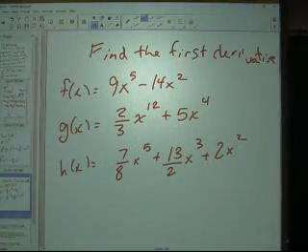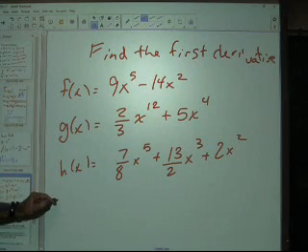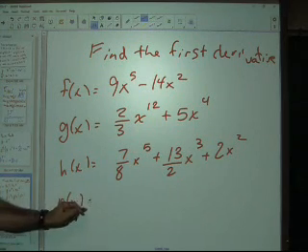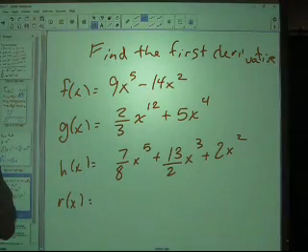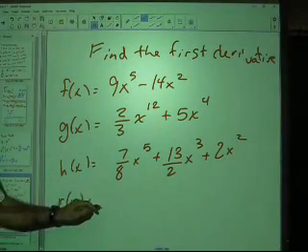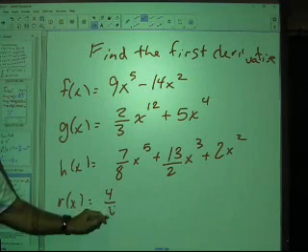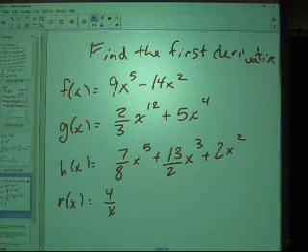Try to take the derivative of those. See what happens. Try those.